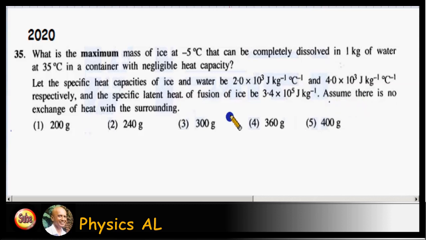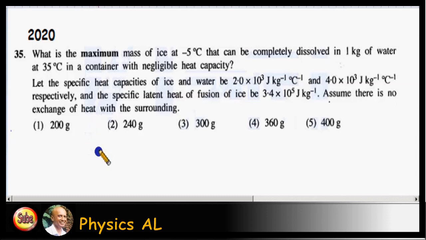Assume there is no exchange of heat with the surrounding. The options are 200 gram, 240 gram, 300 gram, 360 gram, 400 gram. This method is called the method of mixture in physics.